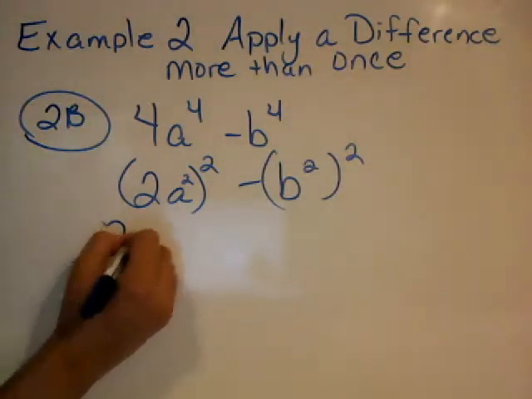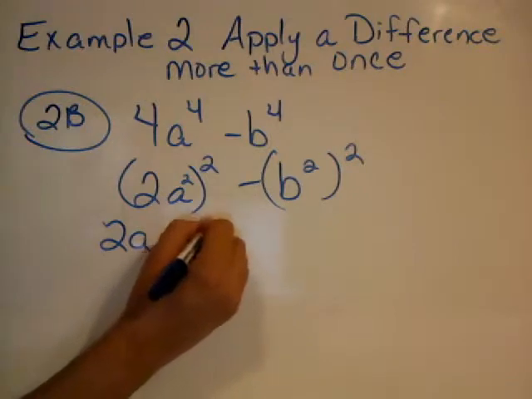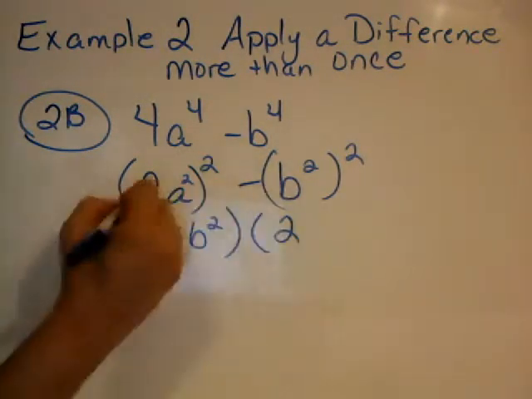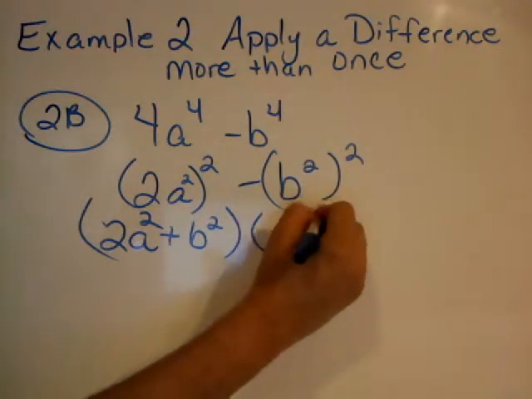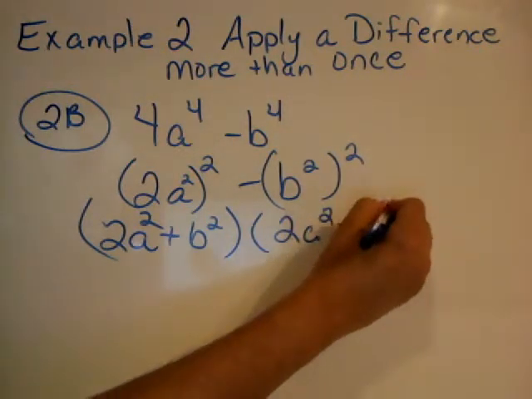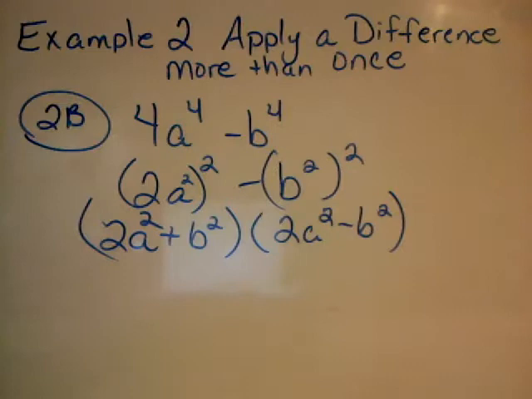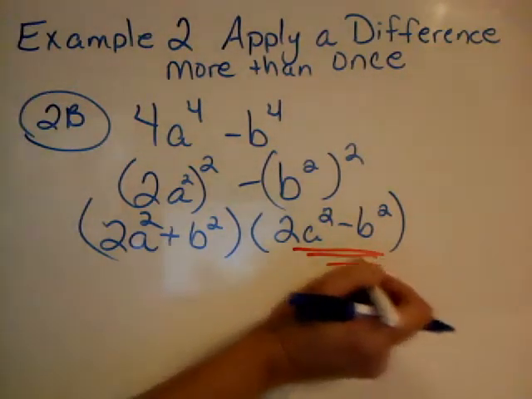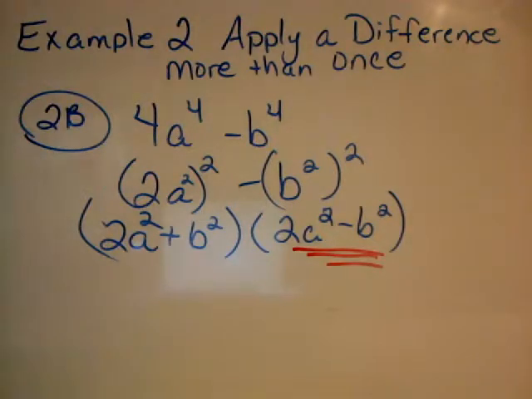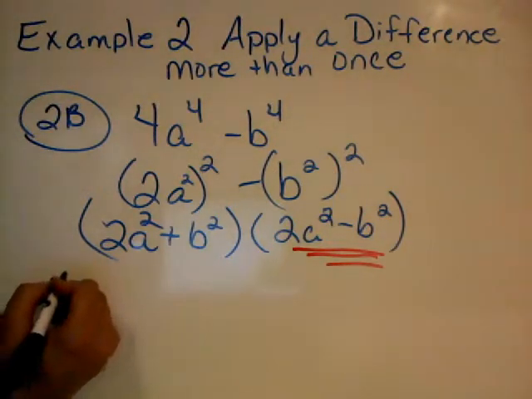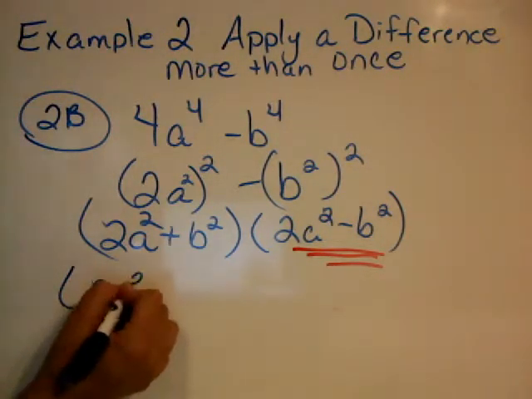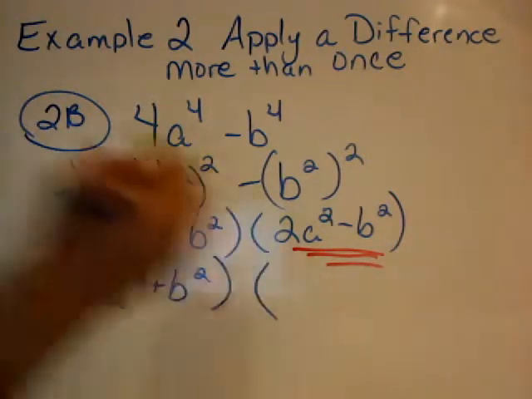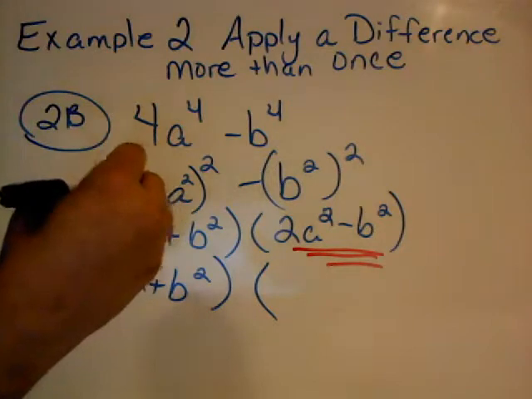Okay, so now I have 2a squared plus b squared times 2a squared minus b squared. And then look right here. I have a difference of a square. I'm going to leave this alone because it is not a difference of a square.